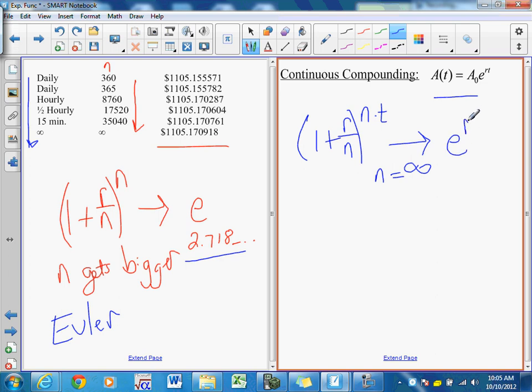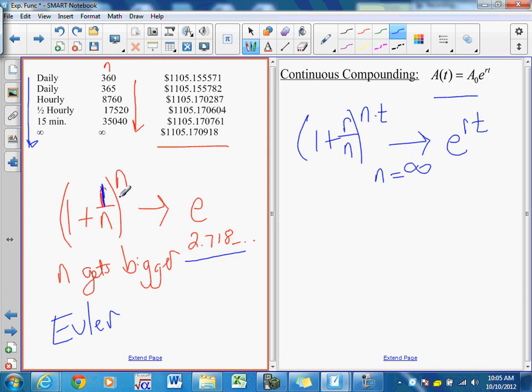This becomes E to the RT. And that comes back to this idea of an E over here. So now if we want to say it's compounded continuously, instead of N being 12 for monthly or 365 or 360 for daily, we can just go to compounded continuously.